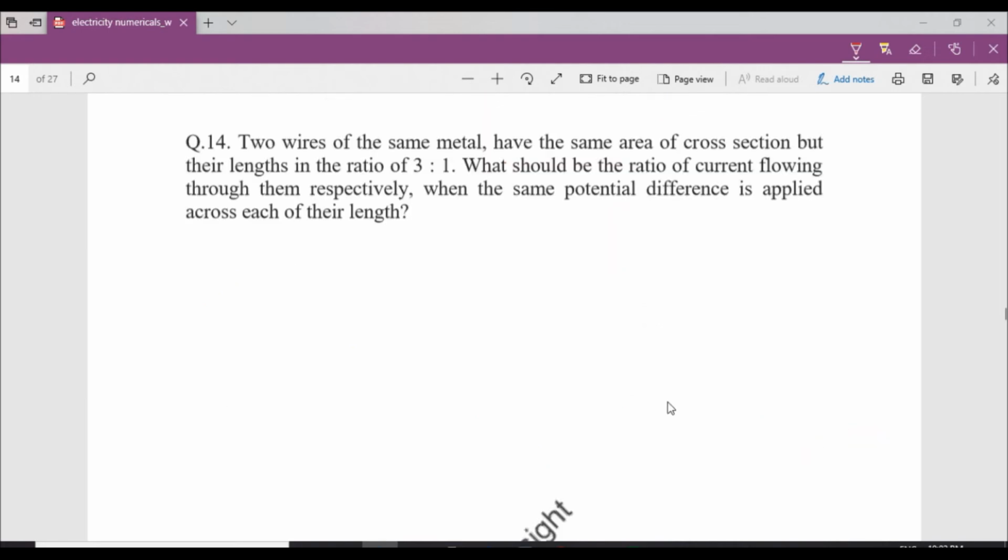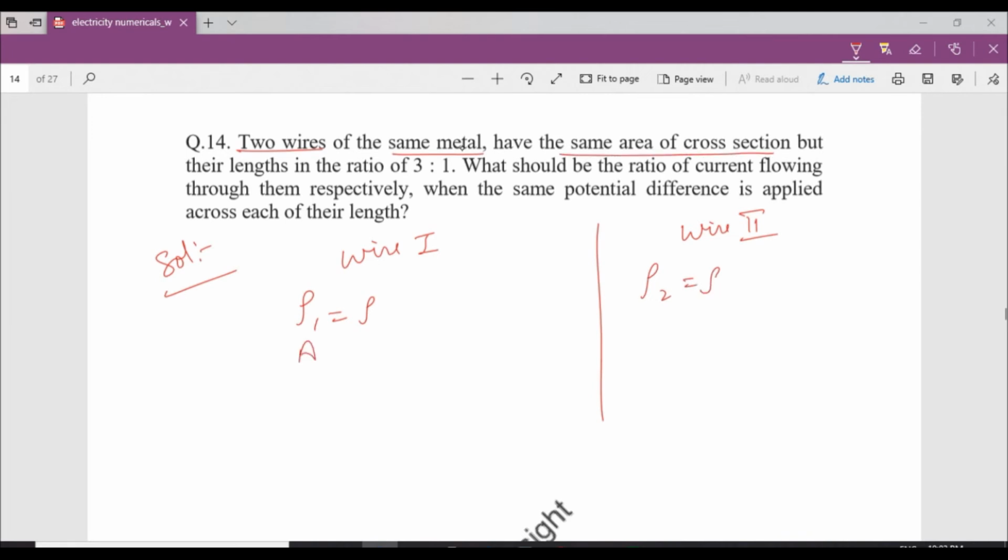Next question is, two wires of same metal, again the case like previous one. We are having two wires. So firstly we are writing wire 1 and we are writing wire 2. Segregate all the things which are given to us. Same metal means rho 1 will be rho 2 will be rho. Have the same area of cross section. If A1 is A, then A2 is again A. Their lengths are in ratio.